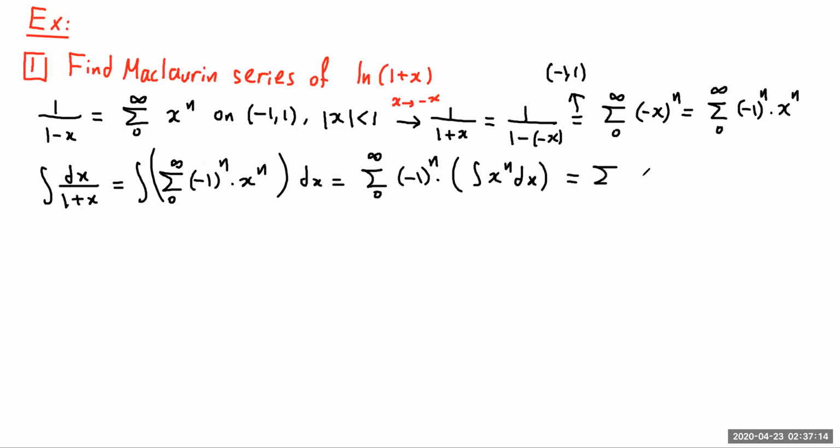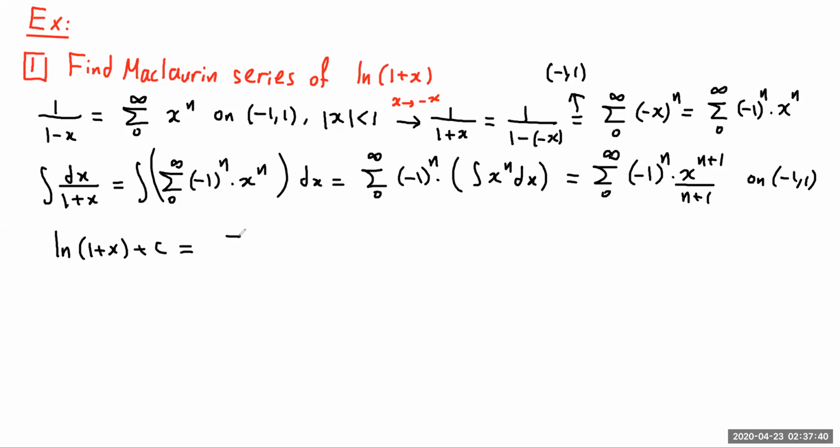So it's sigma (minus 1) power n times x power n plus 1 over n plus 1 from 0 to infinity. And this is correct on the interval (-1, 1), if x moves from minus 1 to 1. So the integral of dx over 1 plus x is ln(1 plus x) plus a constant, equal to sigma (minus 1) power n times x power n plus 1 over n plus 1 from 0 to infinity.